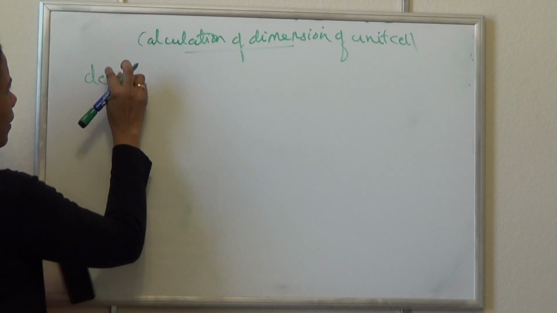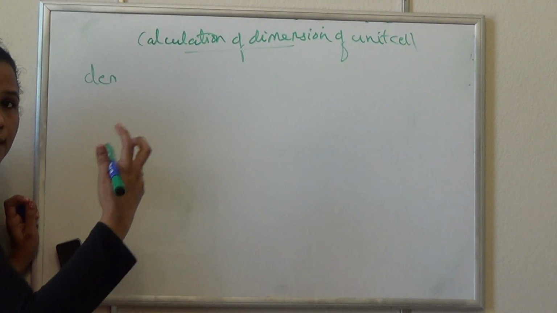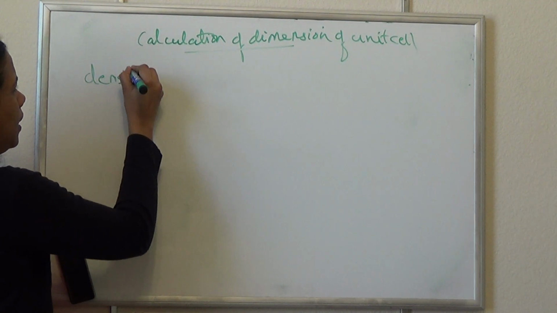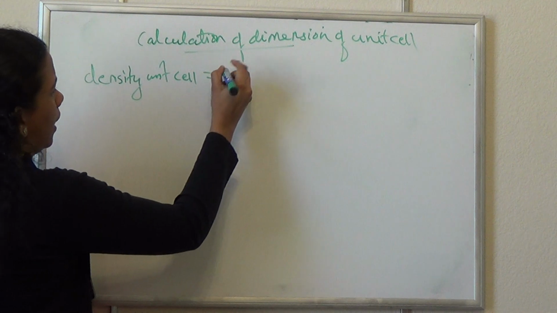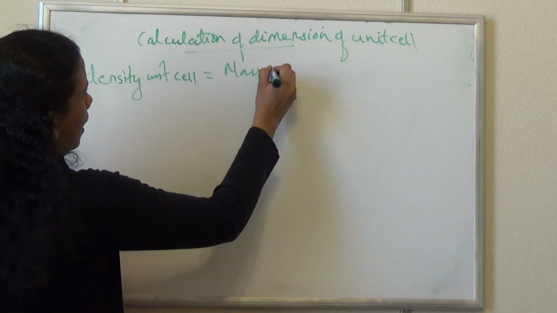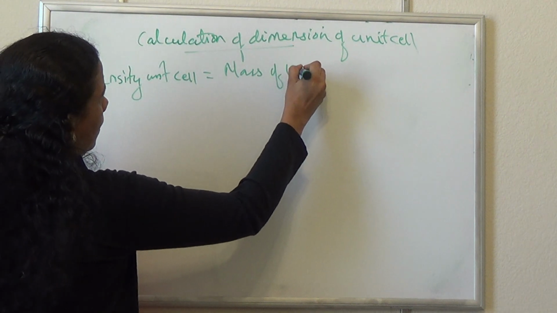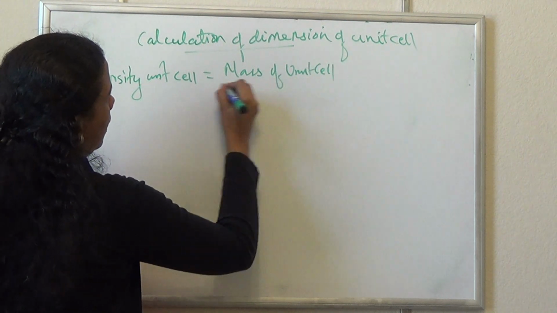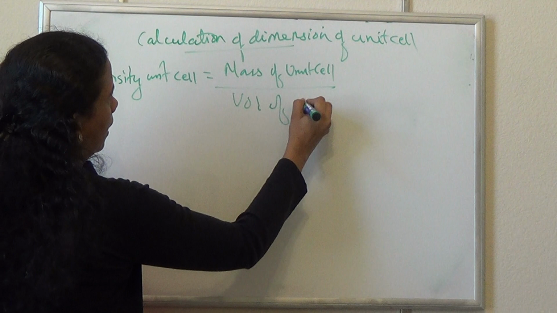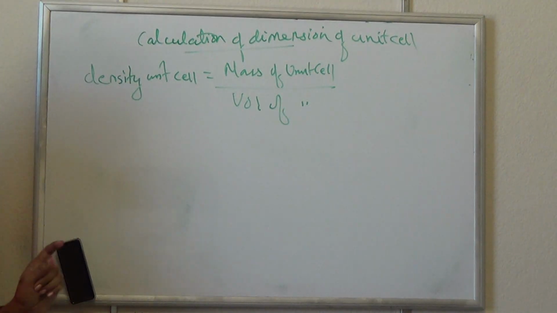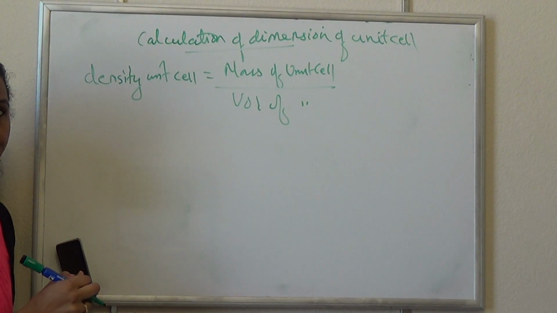Density is equal to mass by volume. So density of unit cell is equal to mass of unit cell divided by volume of unit cell.